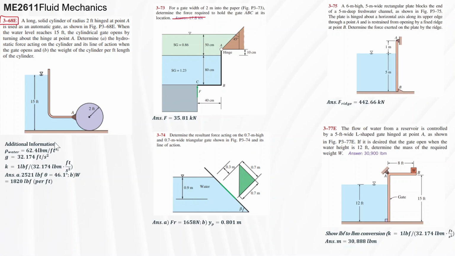I've encountered some relative difficulty in 3-73 and 3-75 because I'm having a disagreement with how the author solved it. It has to do with the definitions, the distance from the centroid and how he used that distance, and that affected your answer, and the dimension he used for the fixed area as well.